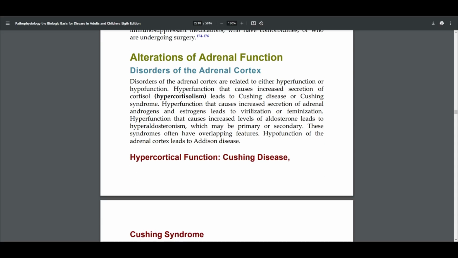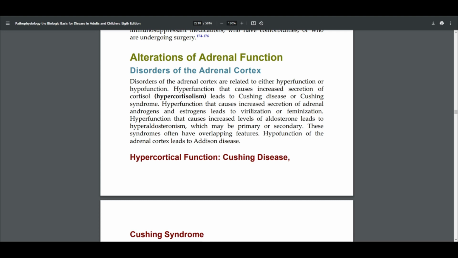Disorders of the adrenal cortex are related to either hyperfunction or hypofunction, just like all the others here in our list. Hyperfunction that causes increased secretion of cortisol, hypercortisolism, leads to Cushing's syndrome or Cushing's disease.